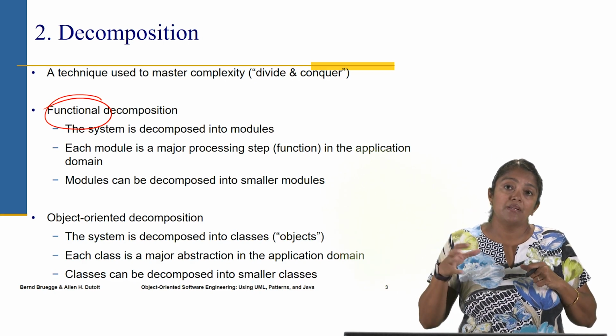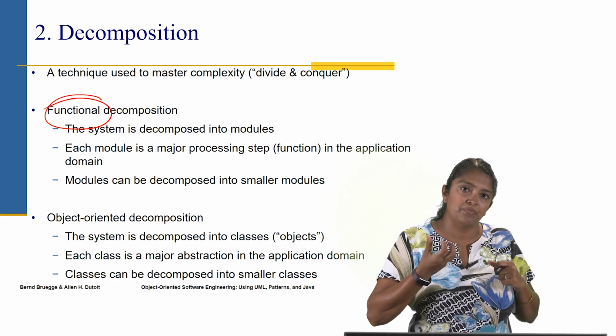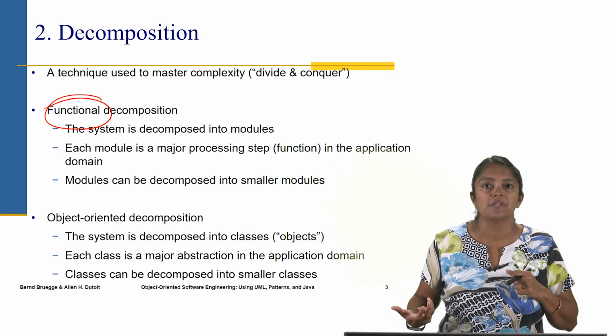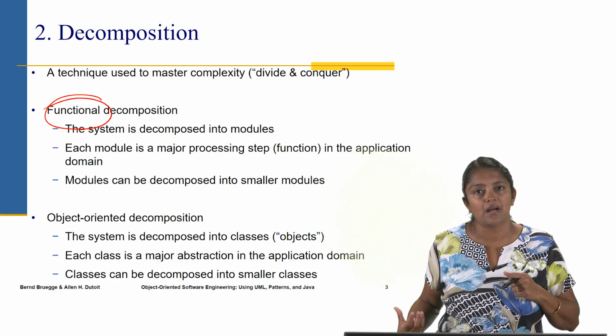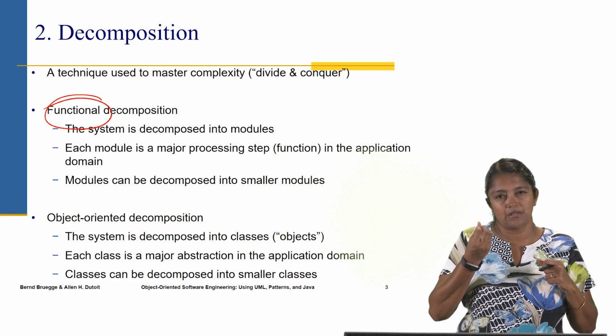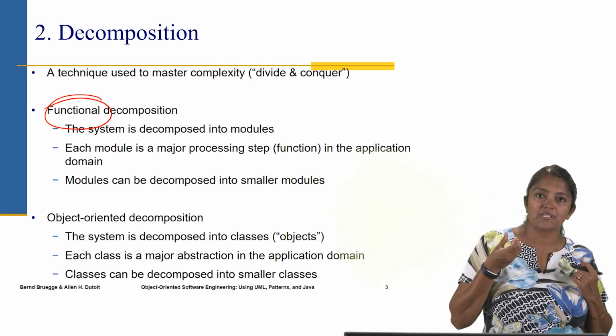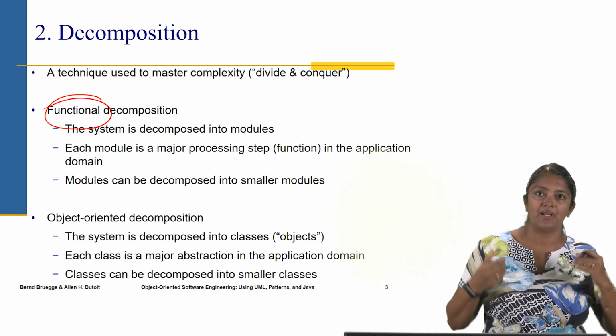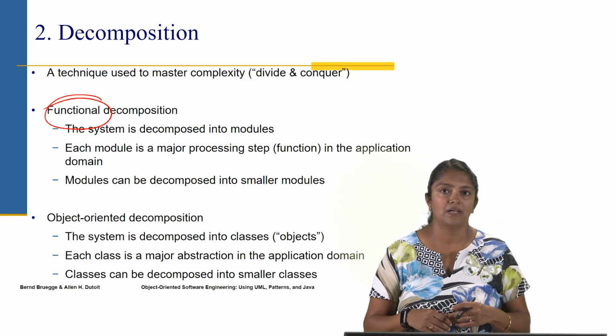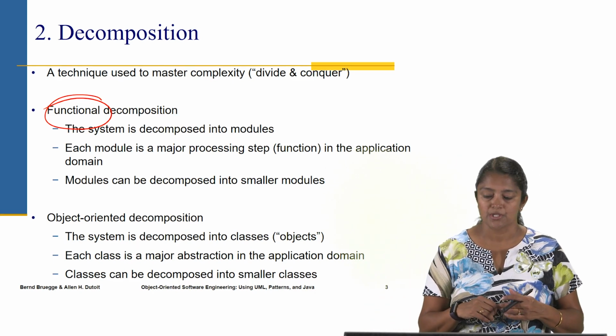And the modules can then further be broken down into smaller modules, and we continue doing this as far as we can go to get to that smallest module possible. And then we solve that smallest piece first and then build our way back up. That's the idea with functional decomposition.